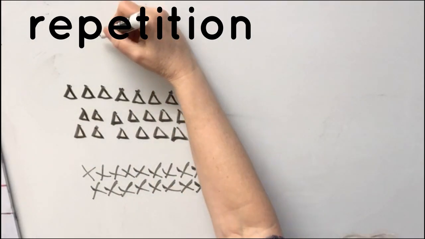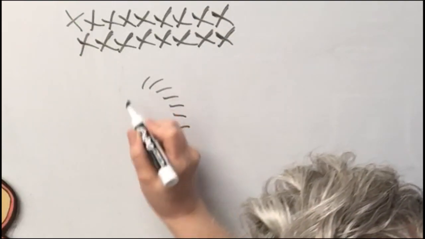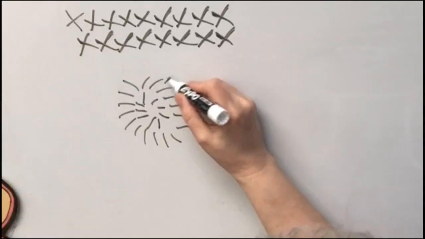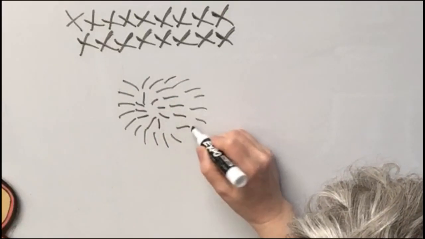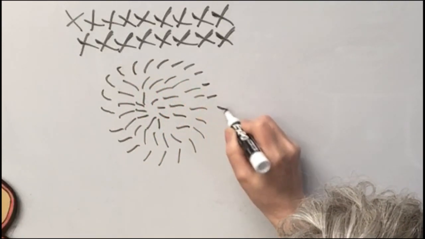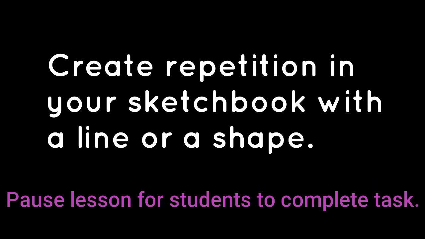It could go in a curved line. It could go in a circle. There are lots of different ways to create repetition, and I want you to explore that in your sketchbook right now. Pause the video for students to complete the task.